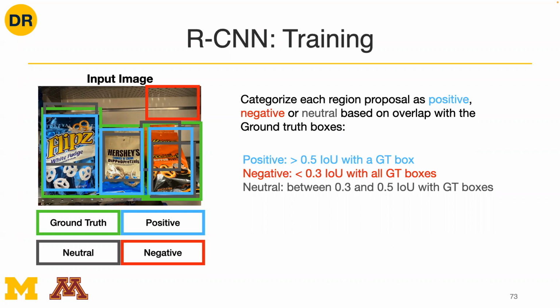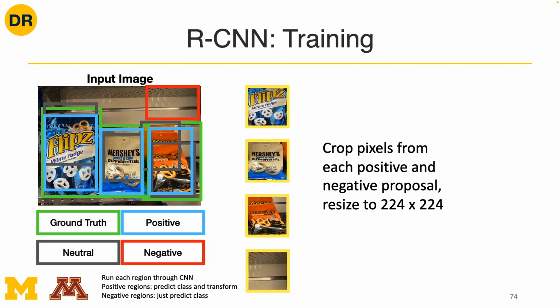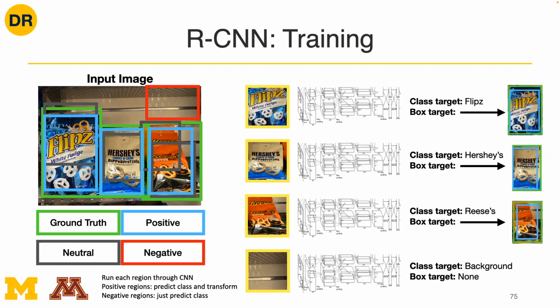If it has an IOU of less than 0.3, you can say that it's a negative region, and you can have a neutral region that is between 0.3 and 0.5. So the way you can do this is you will have these bounding boxes going through your image classifier and also regressor, which gives you the target and also the bounding box.